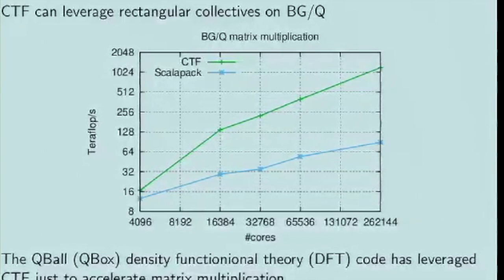These collectives essentially benefit your performance by something like 100x. They're much, much more efficient than regular binomial collectives. And by leveraging those for a rectangular matrix multiplication, meaning that the matrices aren't square, QBox has used this matrix multiplication to do orthogonalization within density functional theory.